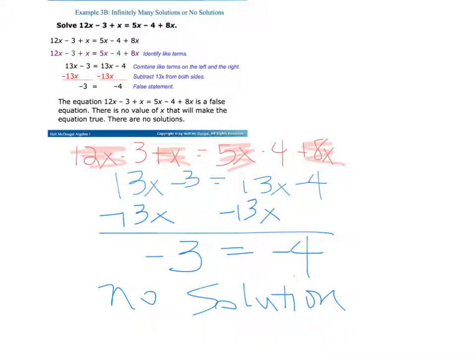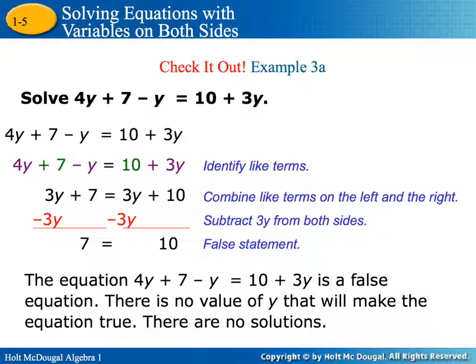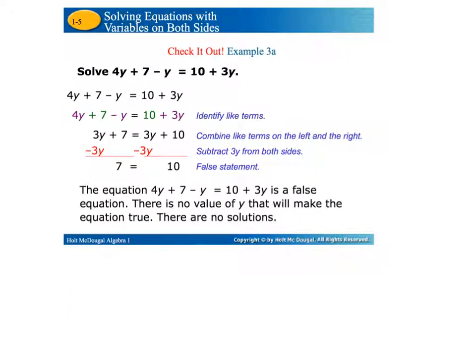So when the variables cancel away and you're left with numbers that do not equal each other, it's no solution. All right. Here's another example. Again, after they grouped all their like terms and then used their inverse operations, they were left with 7 equals 10.